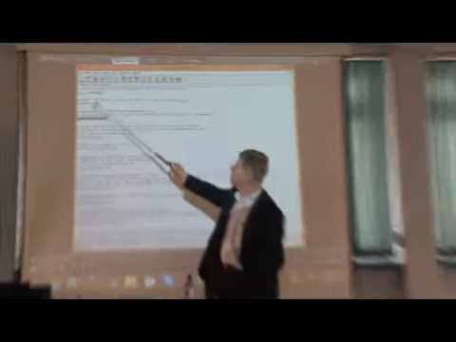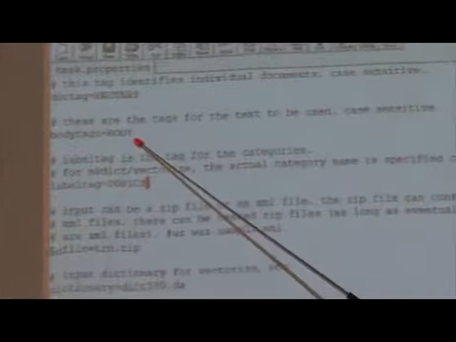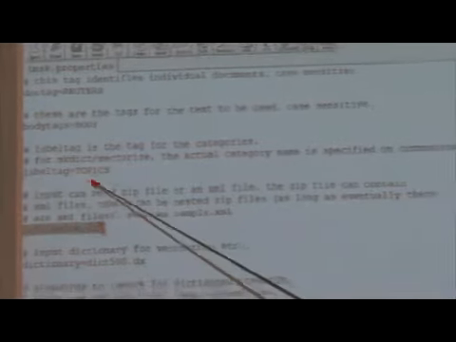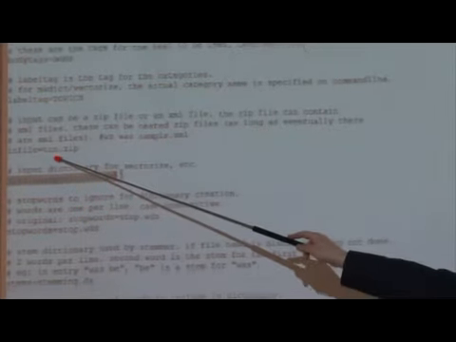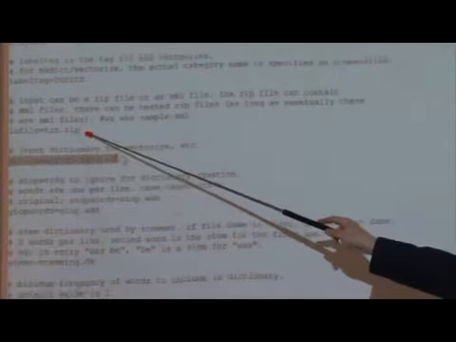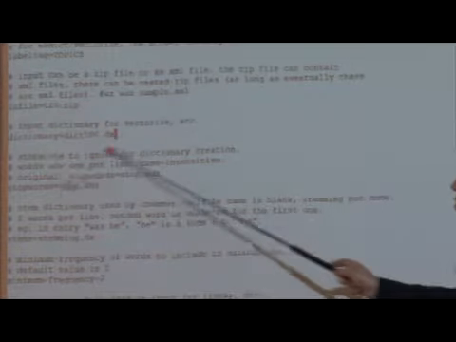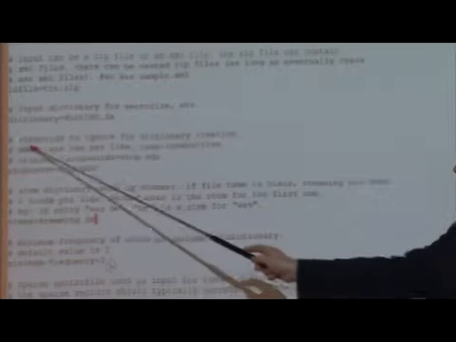So this is the tag, where the text of the document is, where the label is. Then you have to specify the training file. So the training file is in trn zip, where you want your dictionary to be, whether you're going to use stop words.